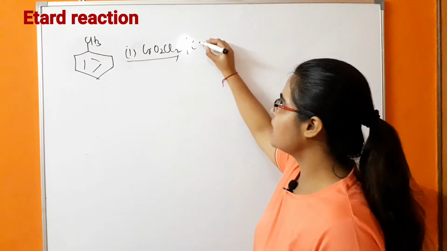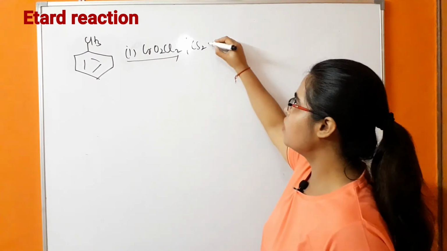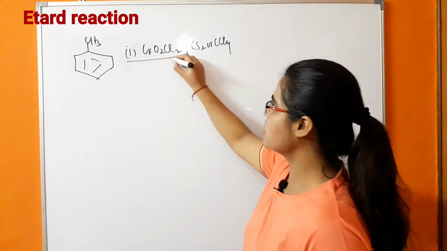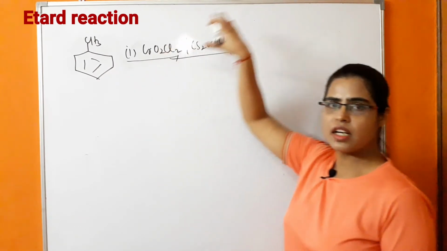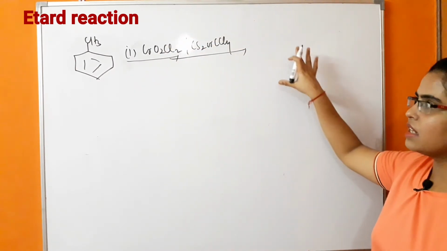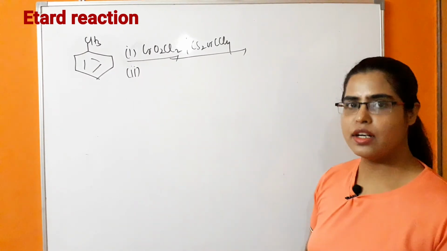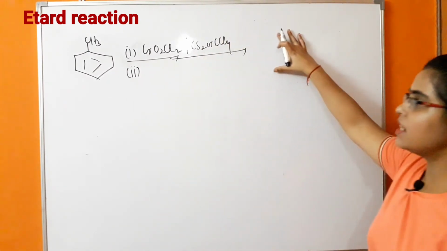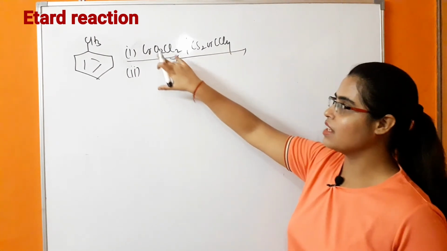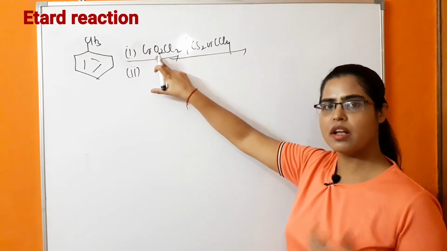The inert solvent can be carbon disulfide or we can also use CCl4. Further, the compound which is obtained is hydrolyzed. There will be acidic hydrolysis of the compound formed by the addition of this chromyl chloride.